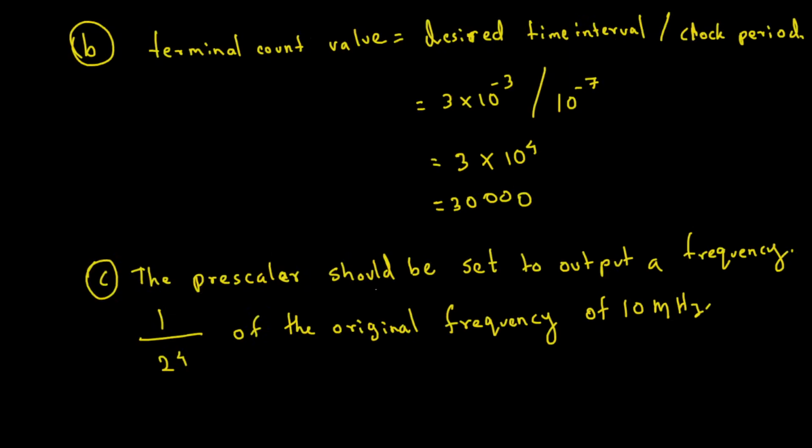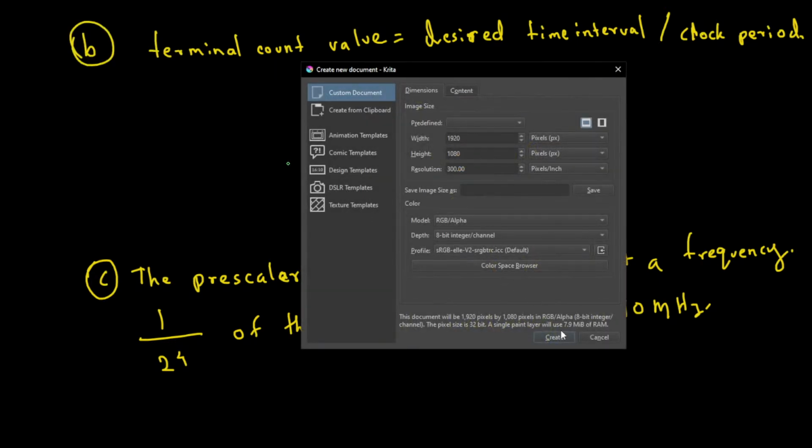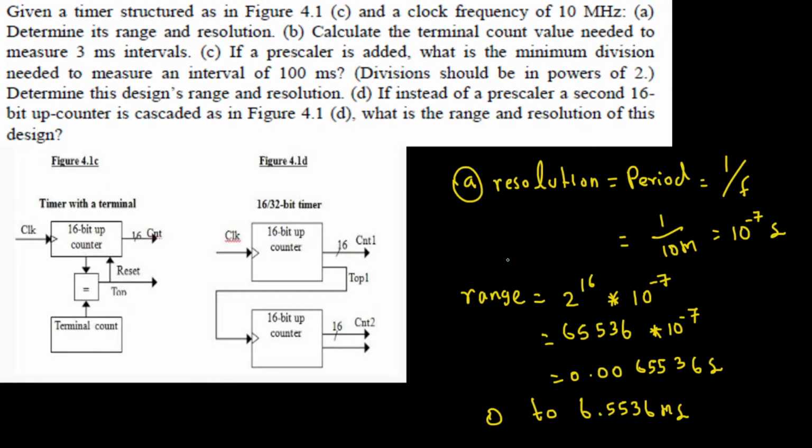Now for this one, the resolution calculation will be a little bit different. So when we calculate the resolution here, the resolution is going to be 16 times the original resolution. The original resolution is the one we calculated in the A part of the question, which is 10 to the power of minus 7.